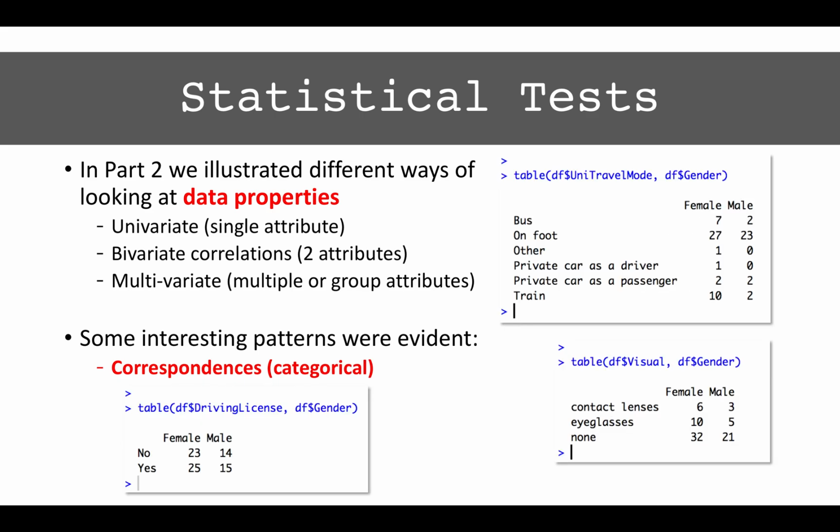We also identified some categorical variables that were correspondences between categorical data that were interesting. And again, perhaps what we want to know is whether the differences that we observe are significant.